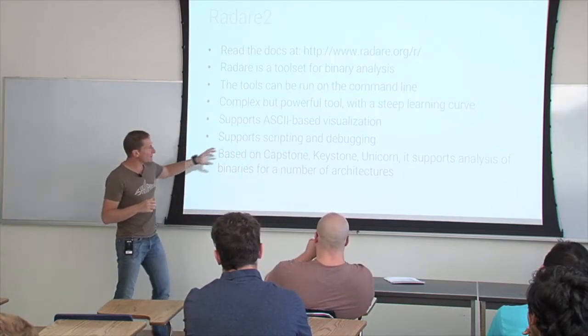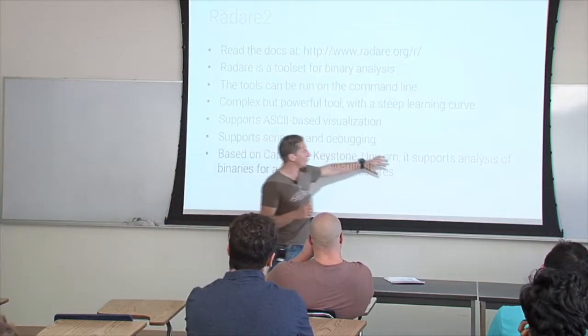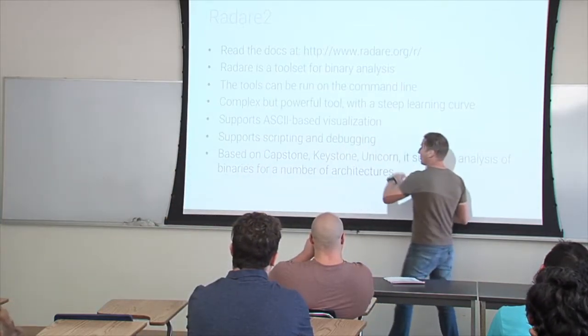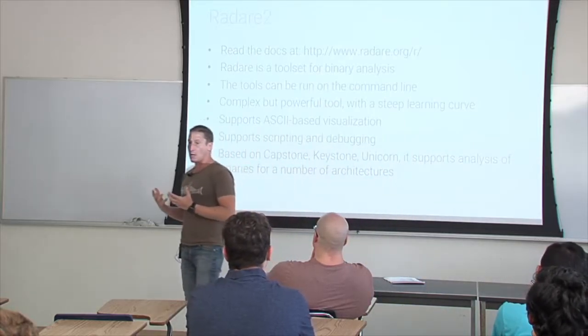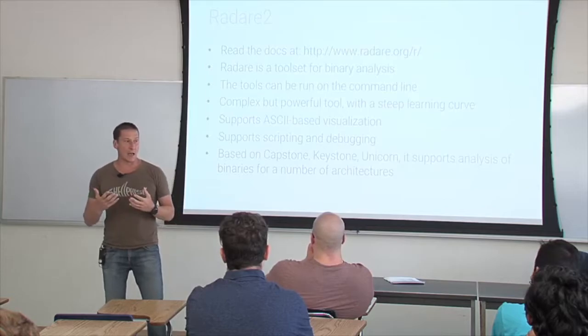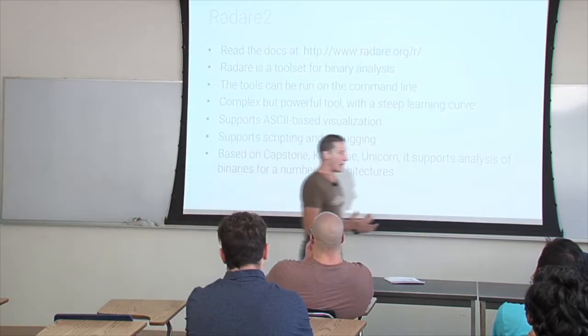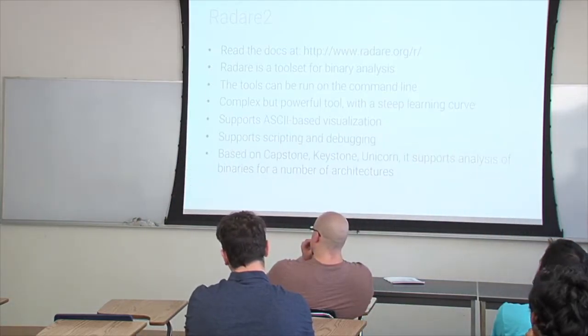It is based on a number of other tools like Keystone, Capstone, and Unicorn that allow you fundamentally to emulate binaries or binary code, and therefore it can disassemble well, can emulate well, and all that cool stuff.